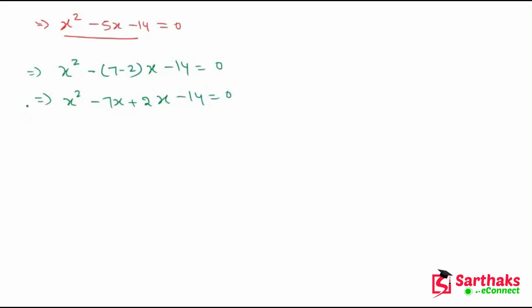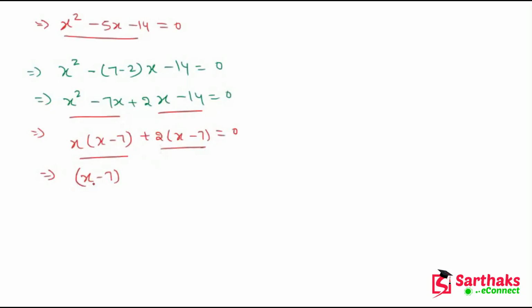Now, my dear friend, here we have to regroup. We can take x as common and get x minus 7. From the other two terms we can take 2 as common and get x minus 7, which equals 0. Again we have two terms, so we take x minus 7 as common and get x plus 2 times x minus 7 equals 0.